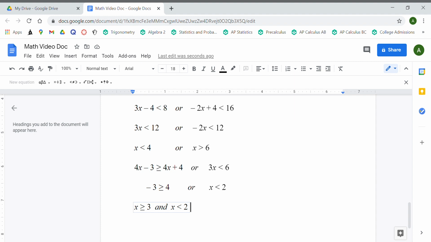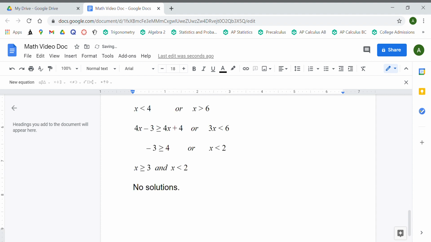Because, well, the right side of the inequality is shaded to the right, and the left side of the inequality is shaded to the left. They go in opposite directions and do not overlap. And inequalities require an overlap in order there to have a solution. So there are no solutions here.